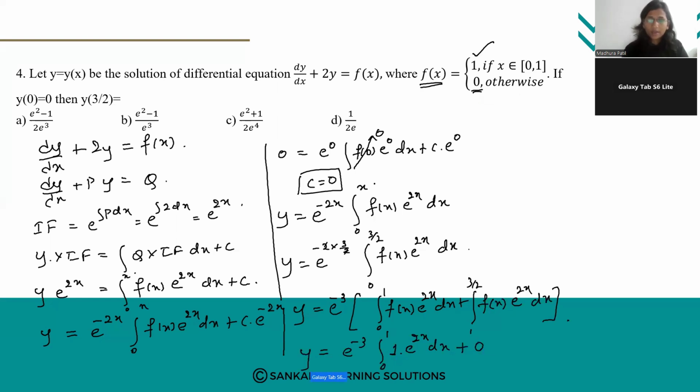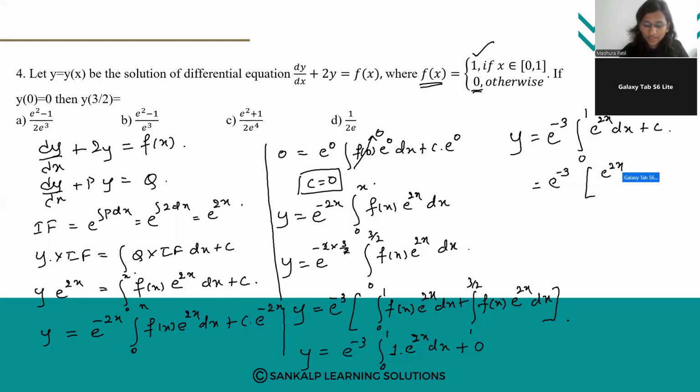So what is the y I'm getting? This is the solution I'm getting now, e to the power minus 3 times the integral of e to the power 2x dx from 0 to 1. Now very easily we can integrate this at y of 3 by 2. What do I get here? This will be e to the power 2x divided by 2, from 0 to 1.